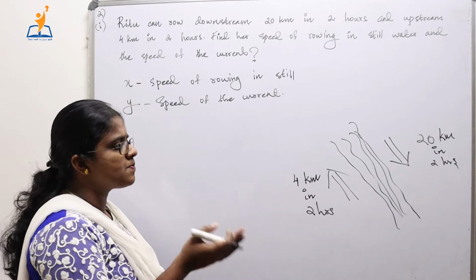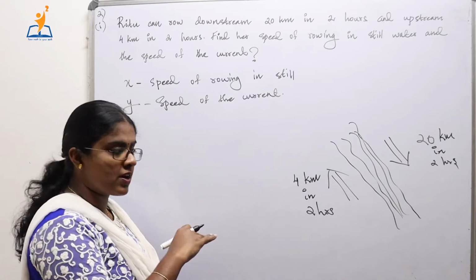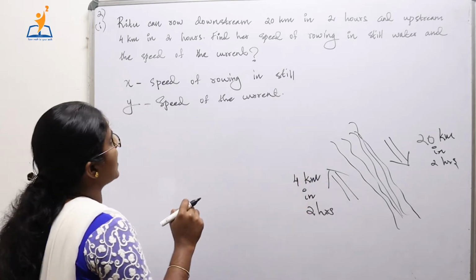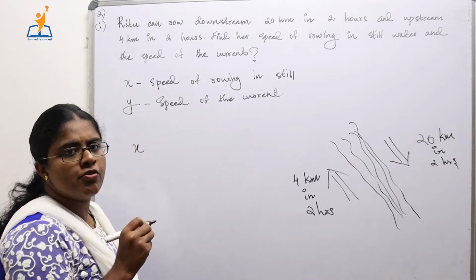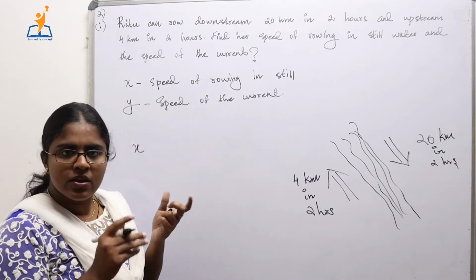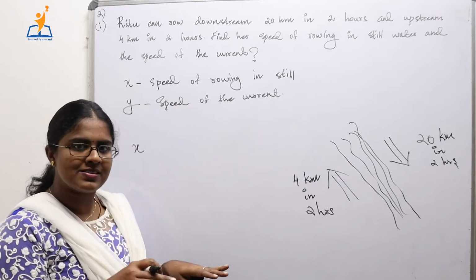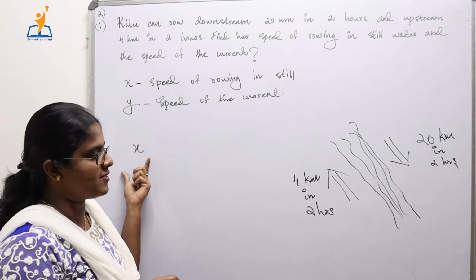What will be the speed of somebody who is rowing upstream? x is the speed of rowing in still water, which means it has no current, so its speed is x, the normal speed.